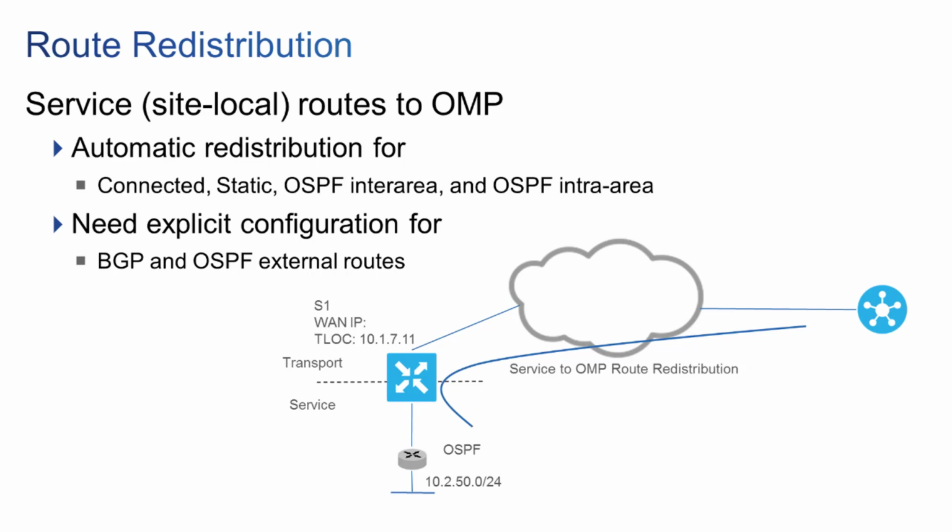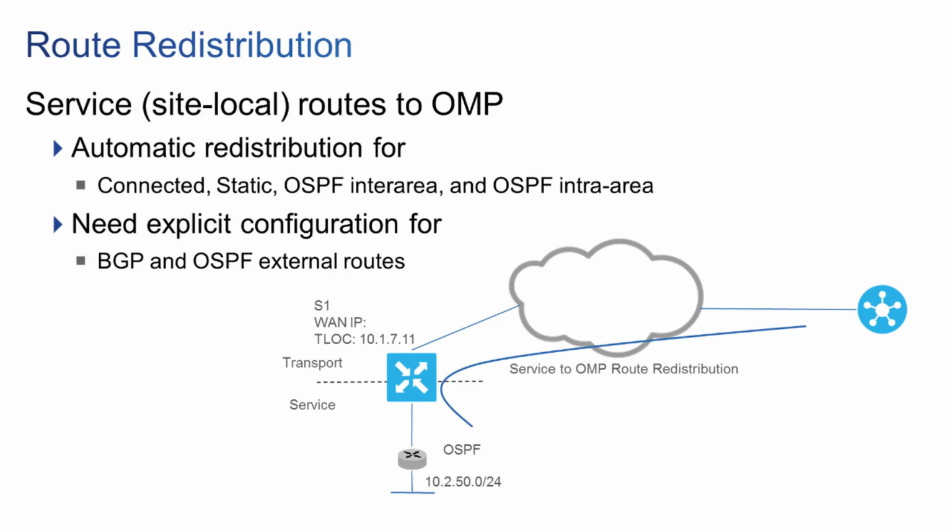They can be connected routes, which we refer to in the SD-WAN fabric as direct routes. They could be static routes, they could be BGP routes, or they could be OSPF inter-area, the type 3 routes, intra-area, those would be the type 1 and 2 routes, and then our external routes would be either OE or ON routes that are coming from an ASBR.